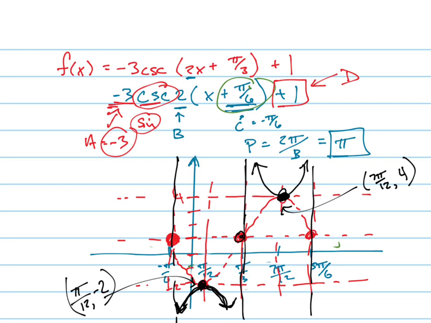And your asymptotes, they might want you to label your asymptotes as well. So this is x equals negative pi over 6. This one is x equals pi over 3. And this one is x equals 5 pi over 6, if they want you to label the vertical asymptotes.